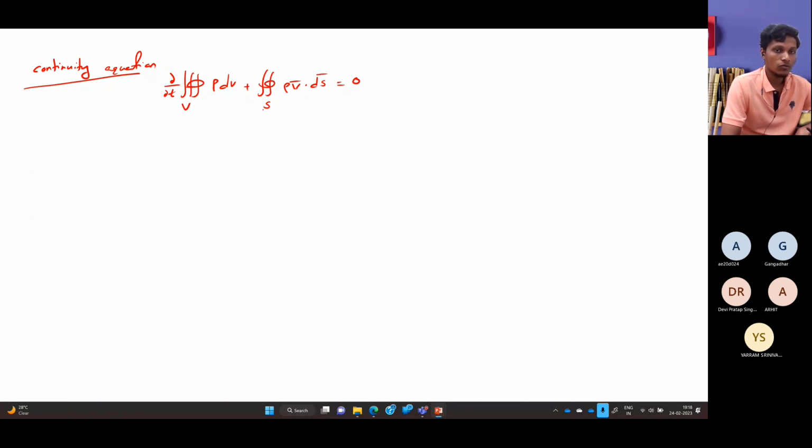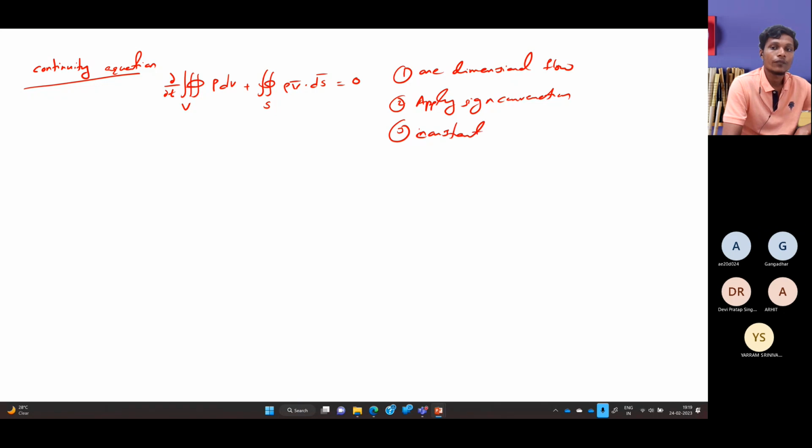Then if you apply this continuity equation for a one-dimensional flow, and further simplify this with a good sign convention, applying the sign convention also, and constant density is constant, incompressible.